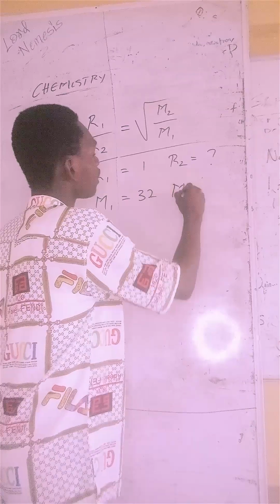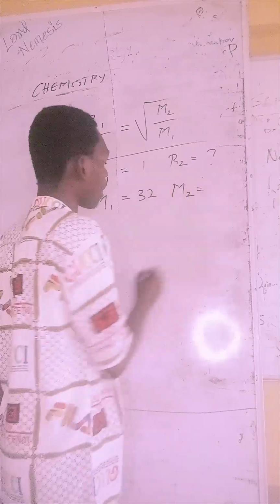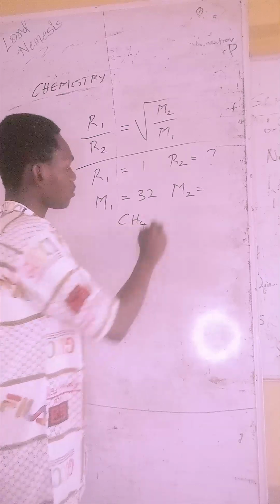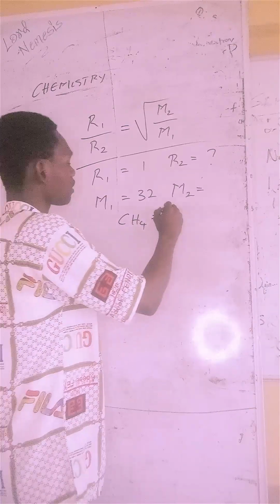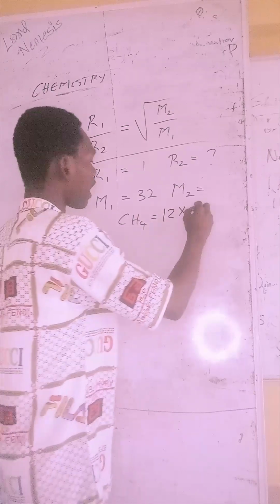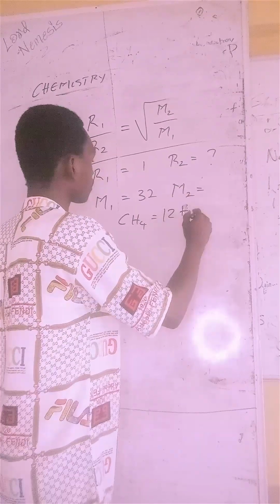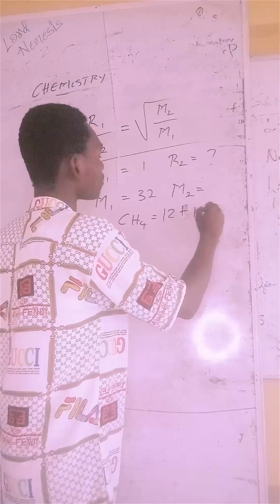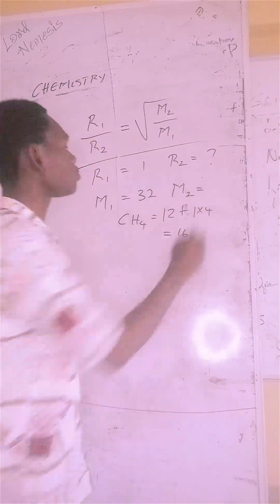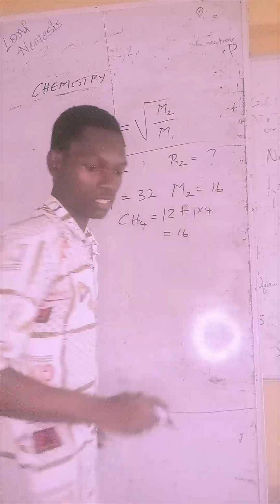What is now the molar mass of our methane gas? Methane gas, the formula is CH4. We know that carbon is 12 times 1 plus hydrogen, which is 1 times 4, and this will give us 16. So we know that our M2 is 16.